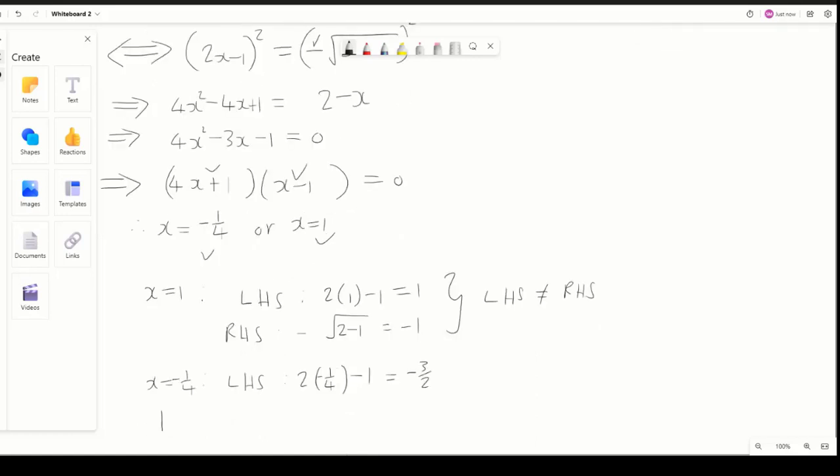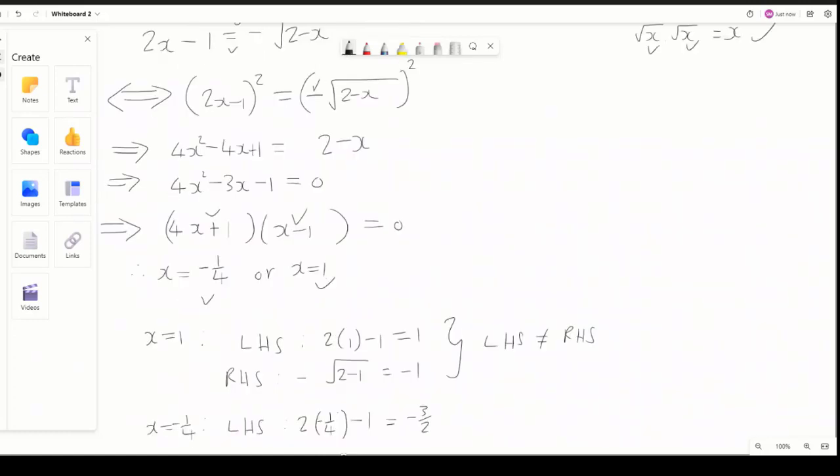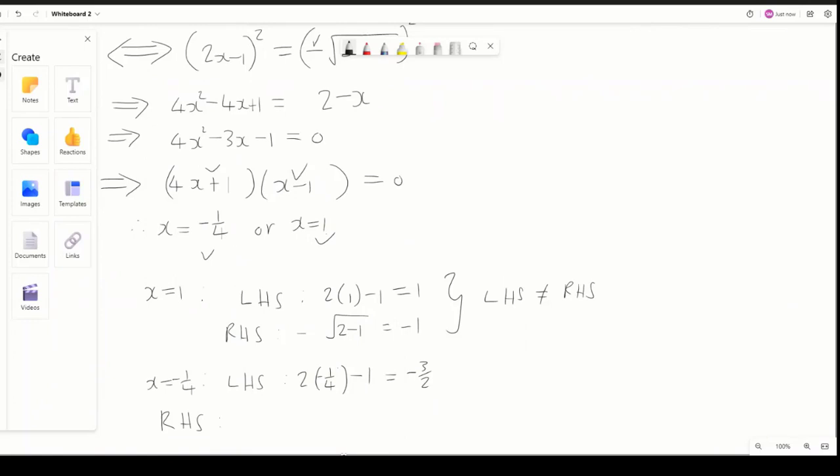Now check the right-hand side. The right-hand side is minus the square root of 2 minus x, and x is minus a quarter. So inside I've got 2 plus a quarter, which is 2 and a quarter, which is 9 over 4.